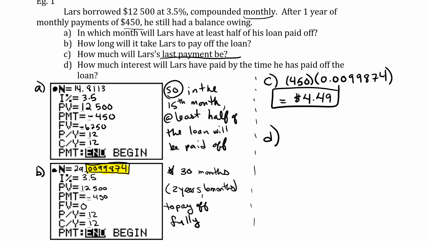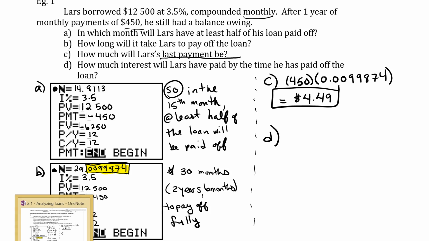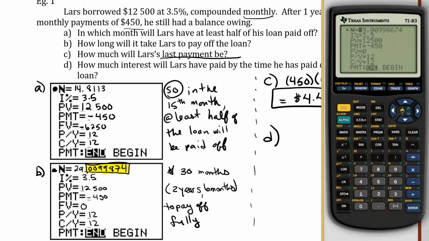How much interest will Lars have paid by the time he has paid off the entire loan? Now here's the depressing bit when we're talking about loans. Whenever we're looking at interest, it's always going to be stuff that we've paid. So let's use our TVM solver. And we have the information in the TVM solver that tells us that's dealing with the entirety of the loan.